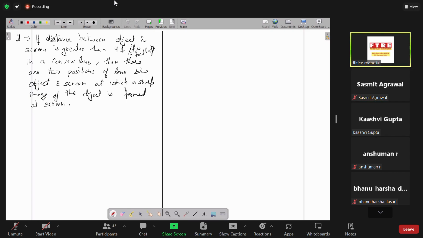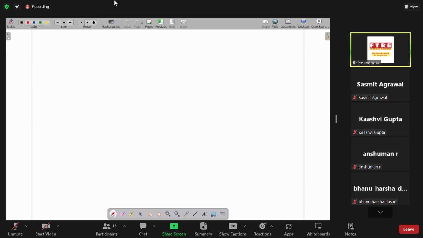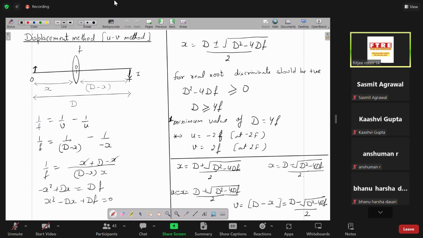Either I can say it this way, or I can understand this result in such a way that if I interchange the position of the object and the screen, again I'll get the image of the object on the screen.